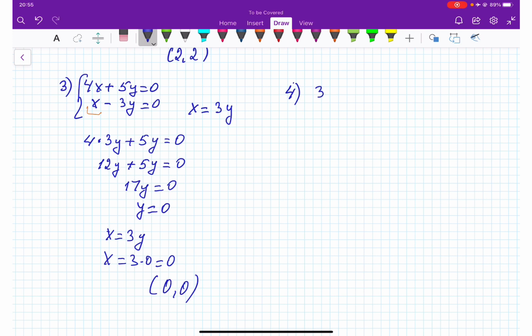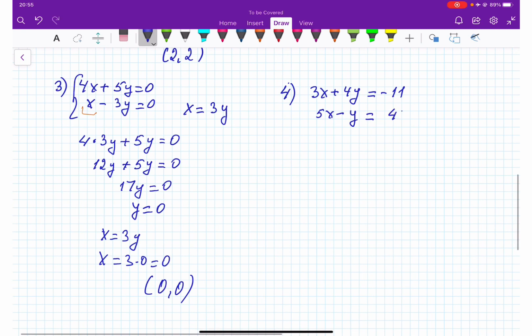3x plus 4y is equal to negative 11, and 5x minus y is equal to 43. All right, so with the method of substitution, first I'm going to find this y, because it doesn't have any coefficient.